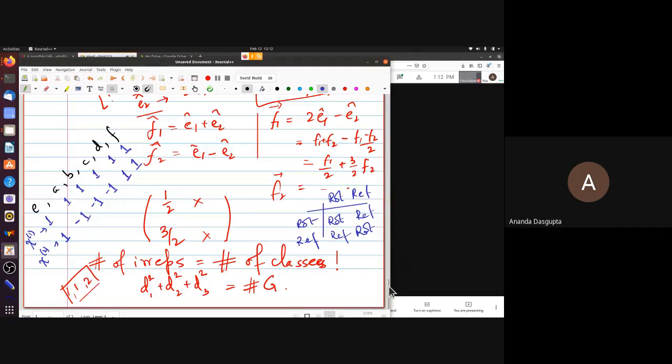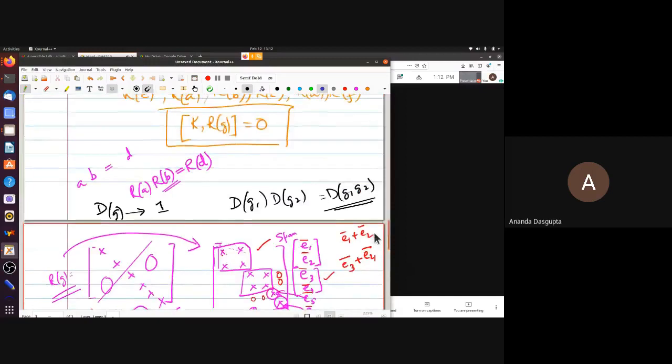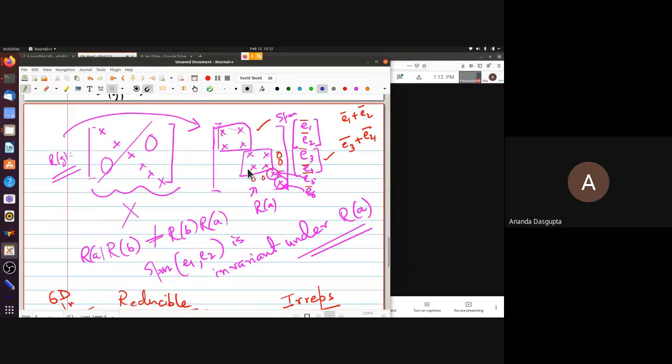And the result that I was also quoting, I didn't prove that, but I am quoting here, is that for the molecular vibration case, it will turn out that the 6x6 matrices that you have are reducible. Of course, they have to be, because we have already figured out that there are only 3 irreps, 2 1D and 1 2D. A 6D representation has to be reducible, right? But you can also figure out what its reduction is.